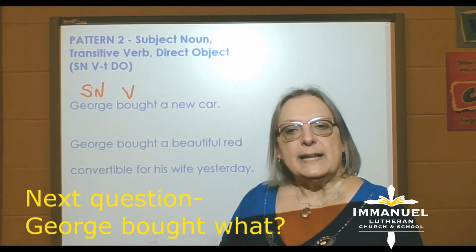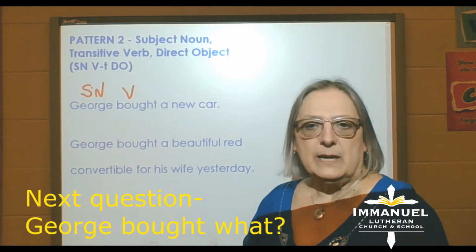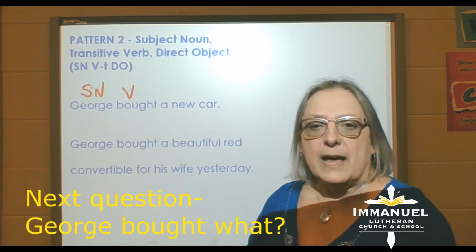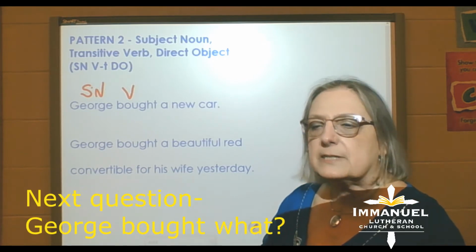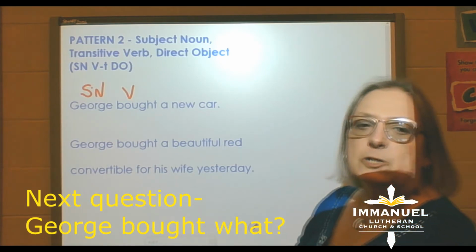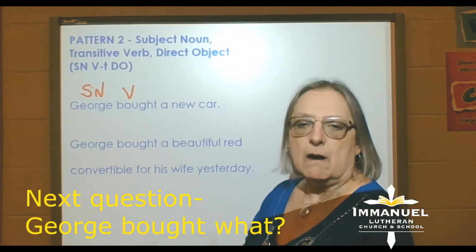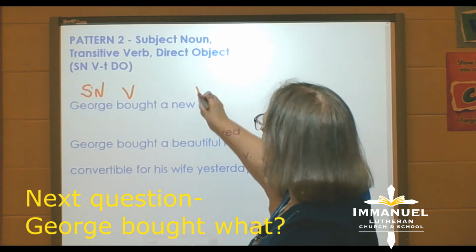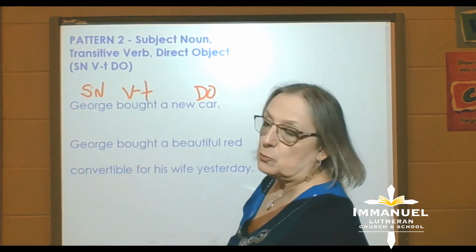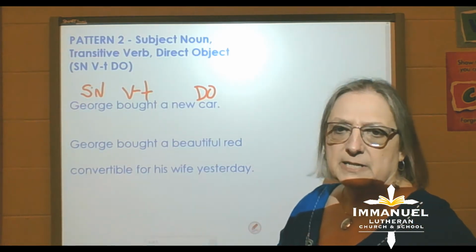And if we can answer that question, we know that we have a direct object. And that makes it pattern 2. So let's take a look. George bought what? George bought car. Car is the direct object, which makes the verb a transitive verb, and we mark it VT.